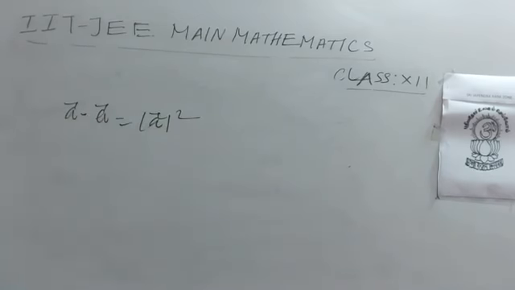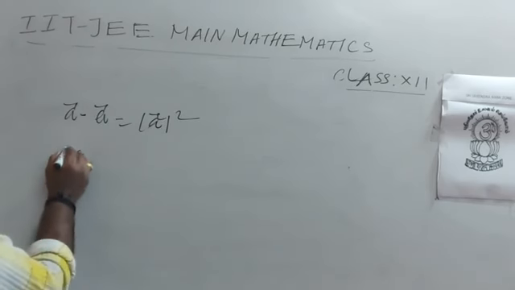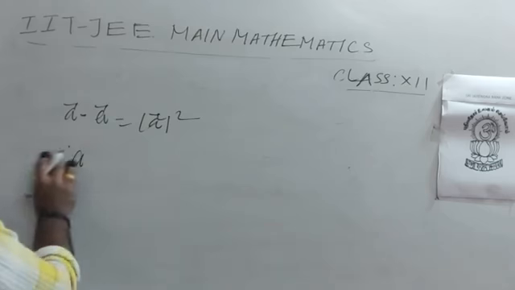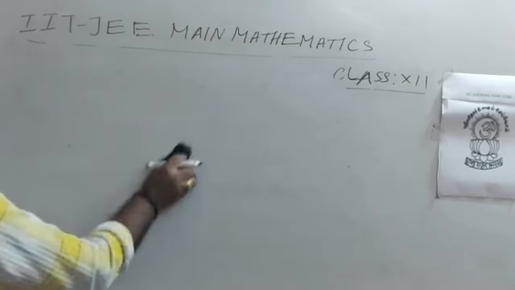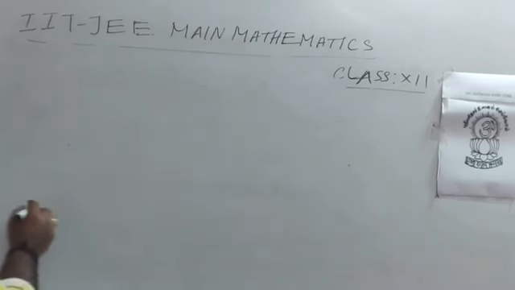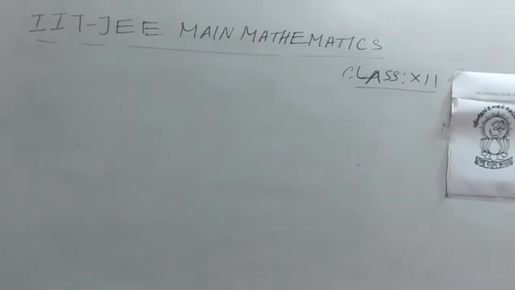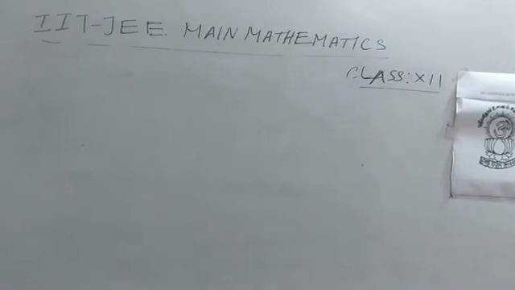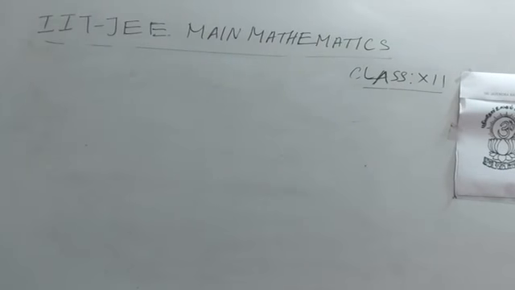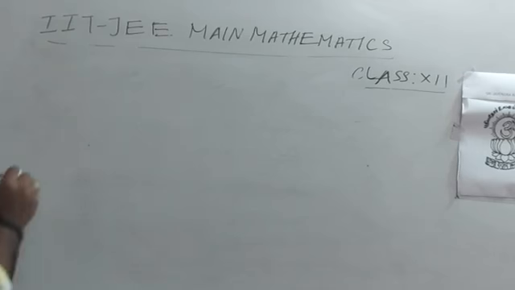So A vector dot A vector equal to modulus A vector whole squared. I, J, K are three mutually perpendicular unit vectors.